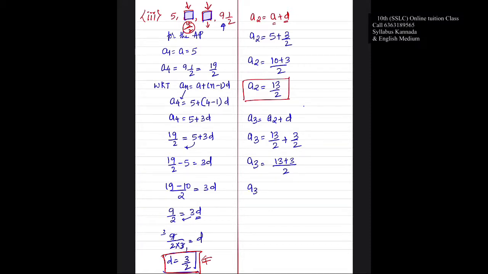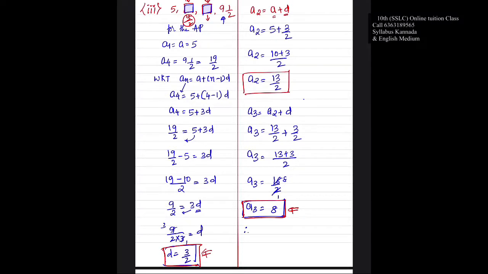So a3 equals 16 by 2. So student, a3 equals, 2 only 8. So a3 equals 8. So this is your a3, in the third box, we got the value of 8.